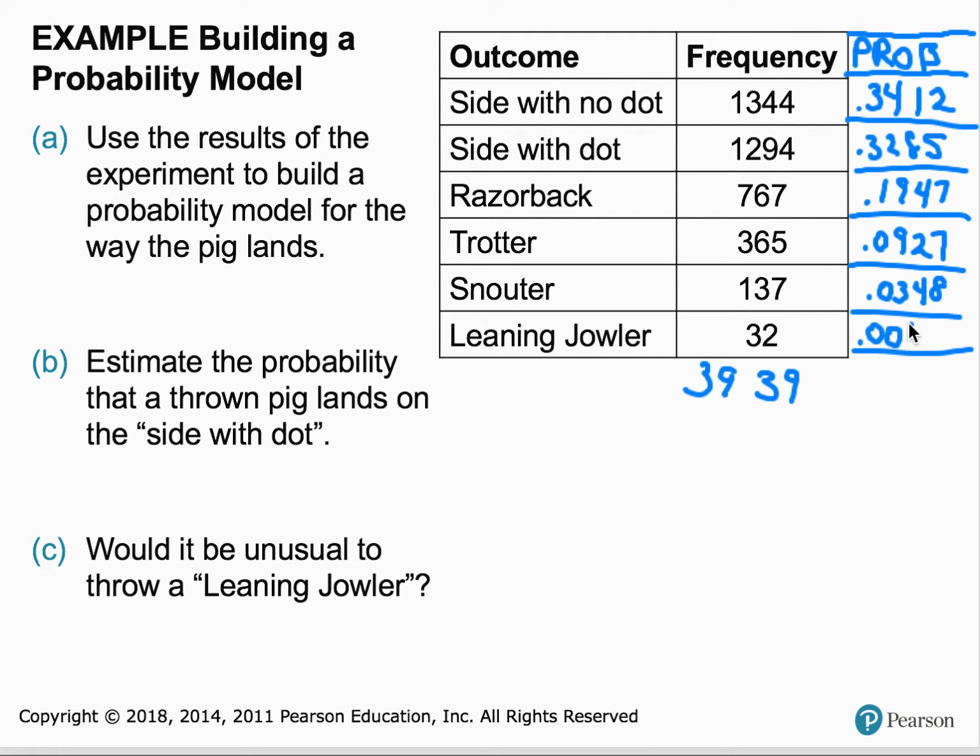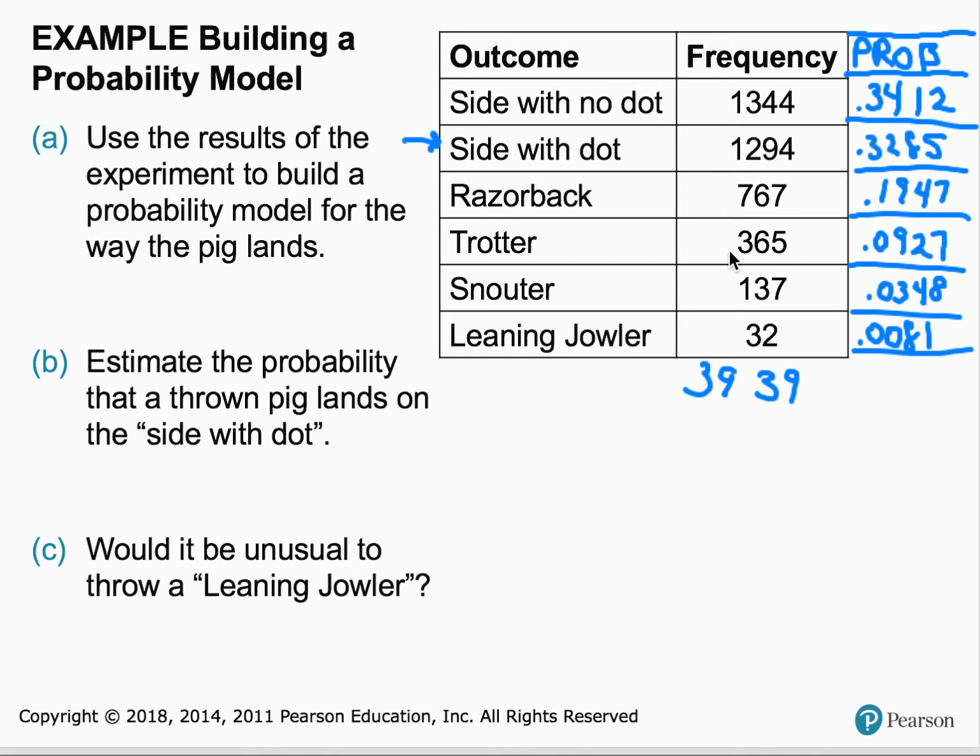Now, if I want to double check myself, I can add all these up, and they better be very close to 1. Due to rounding, they may not be exactly 1. Again, if I had to use the fractional notation here, they would be exactly 1. So estimate the probability that a thrown pig lands on the side with a dot.